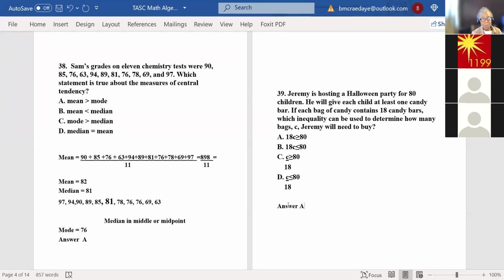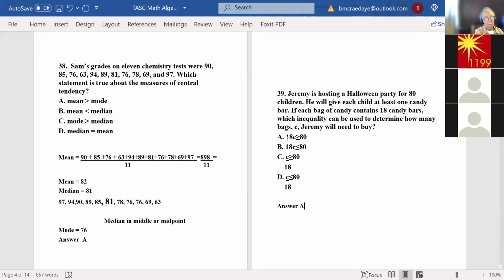Suppose he bought 5 bags, what's 5 times 18? Maureen, mental math. 90. And 90 is greater than or equal to 80, right?